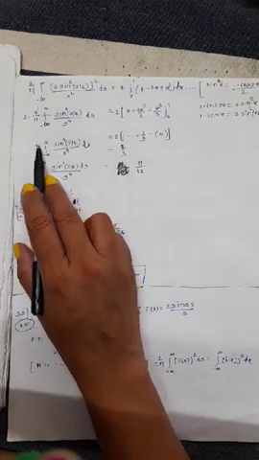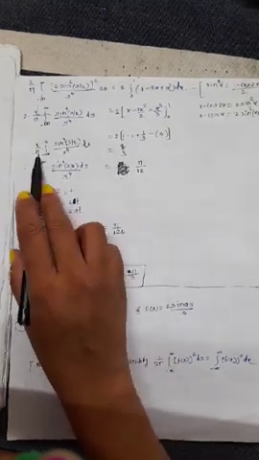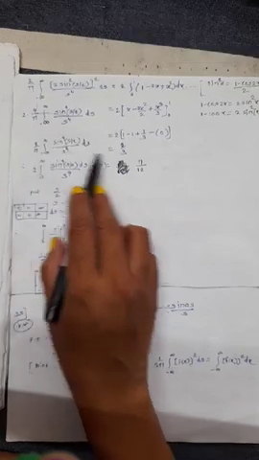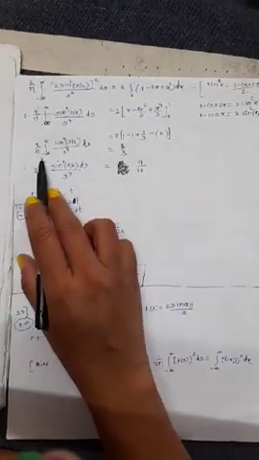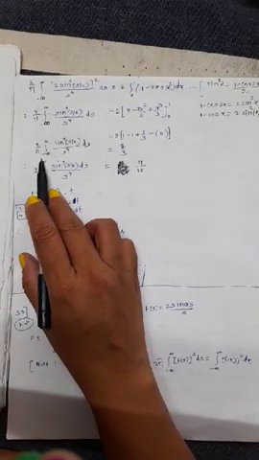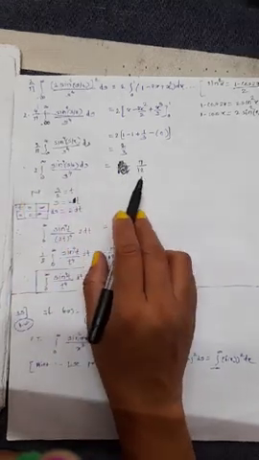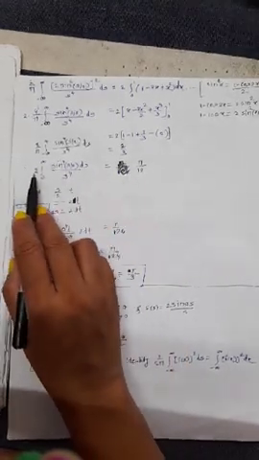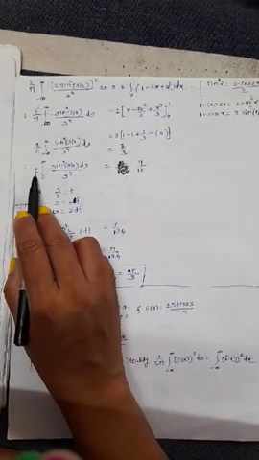Middle value, take 8 upon pi on that side. We get, this is again 2 gets cancelled. The result is pi by 12 here and 2 here.